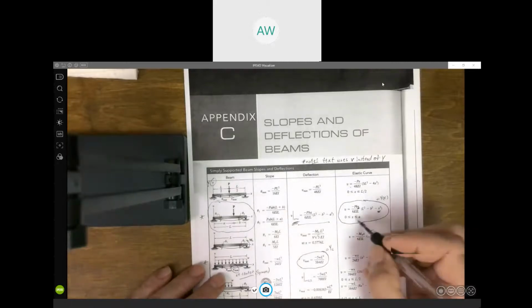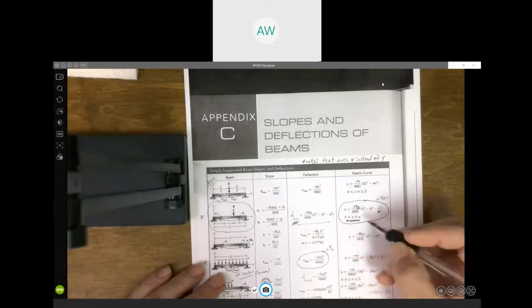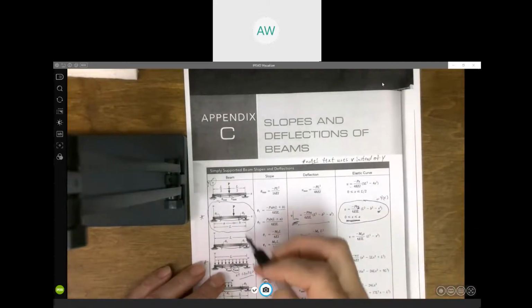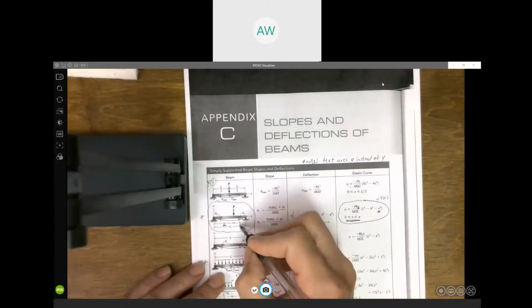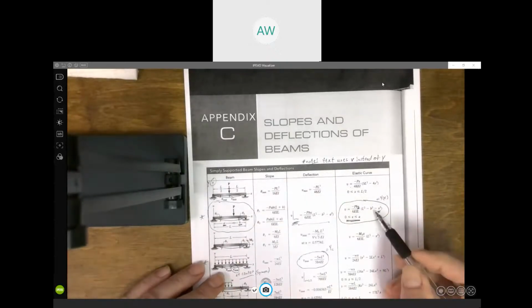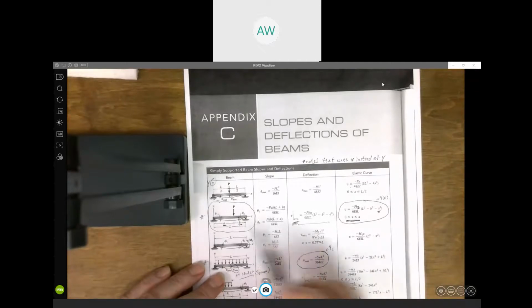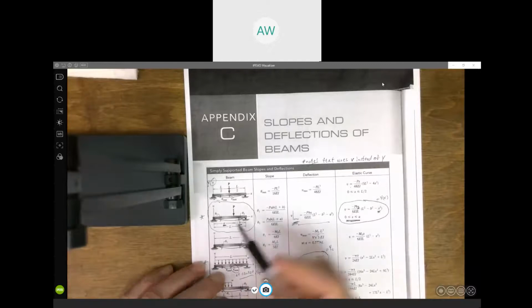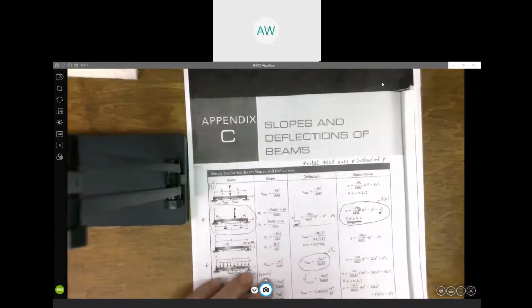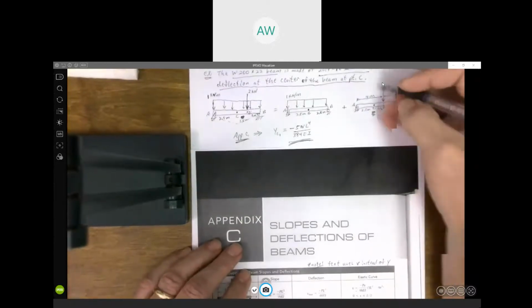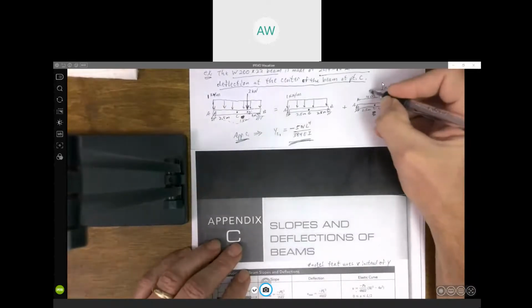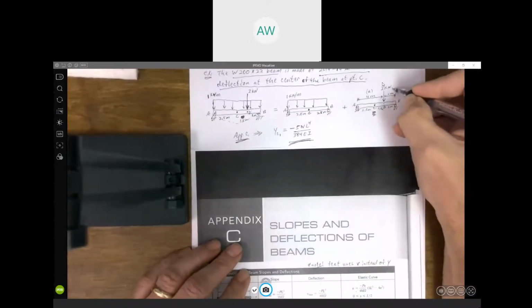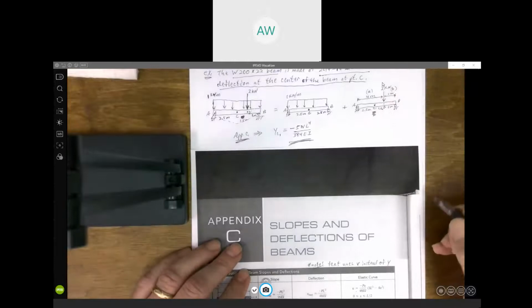Also note, again, this is for x values between 0 and a. Here a and b are these dimensions. So this equation is only going to be valid for this part of the curve, from this end up to where the force is applied. But that's what we have. When you look at this, our beam here, this is A and this is B in that formula.